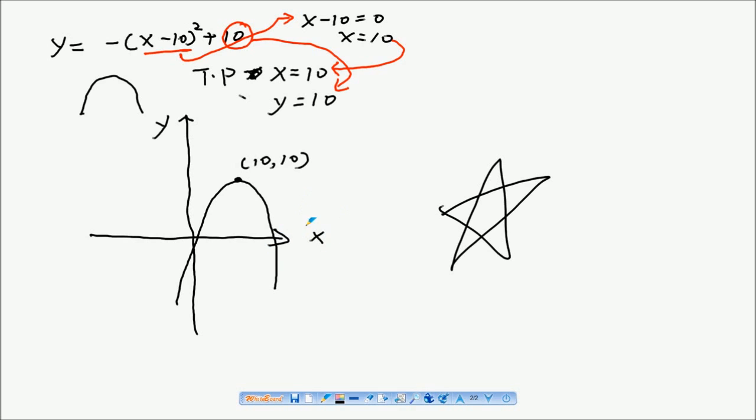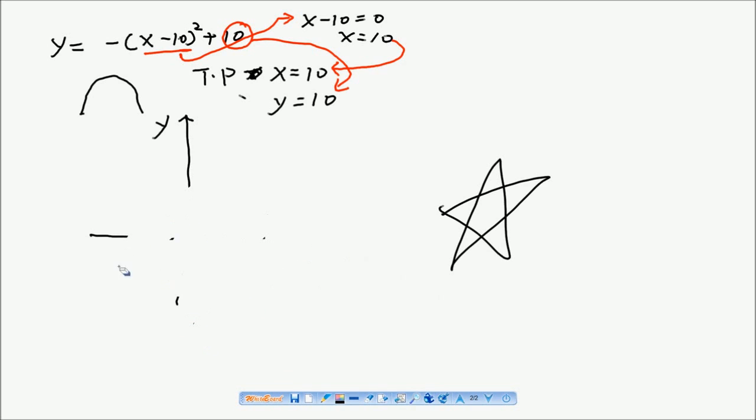Sorry again, I have to draw it properly.